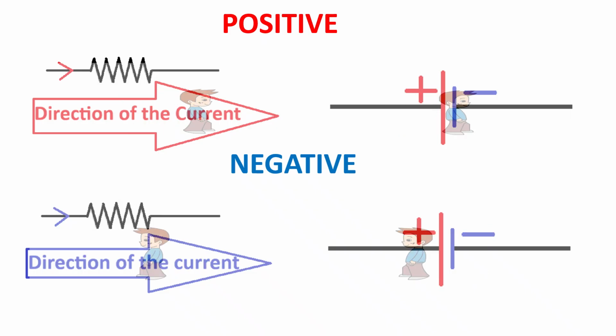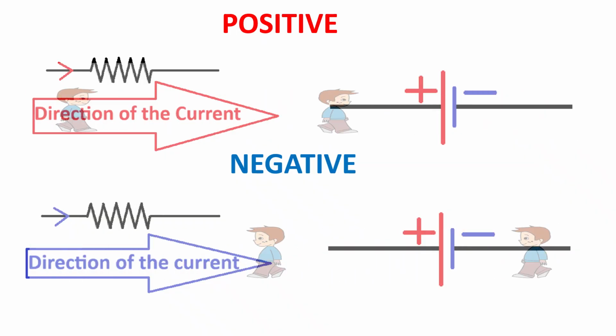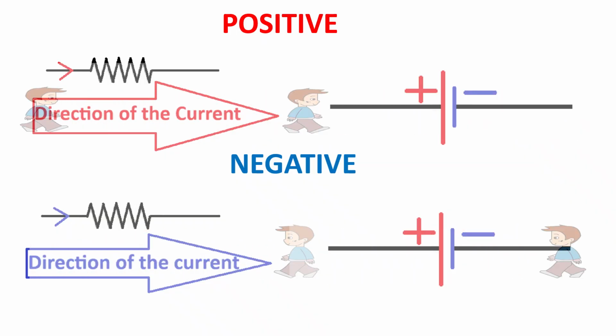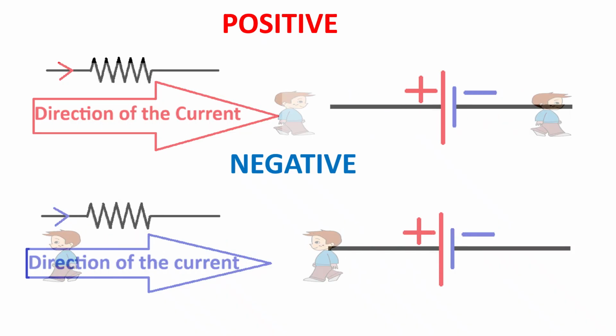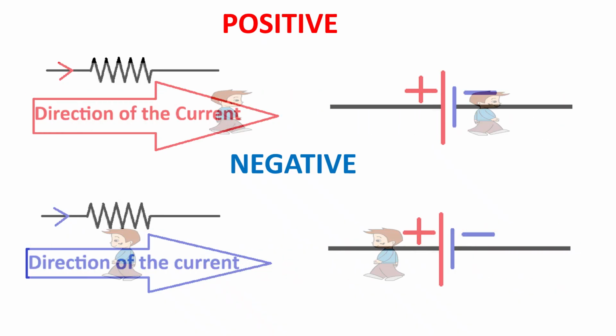Now, before applying KVL, we need to consider 2 points. Number 1. If current flows along the same direction as the loop considered, the potential drop is positive. But if current flows along the opposite direction to the loop considered, the potential drop is negative. Number 2.